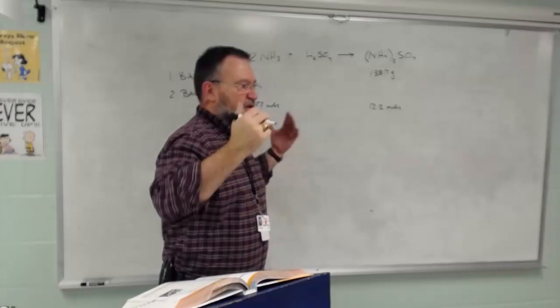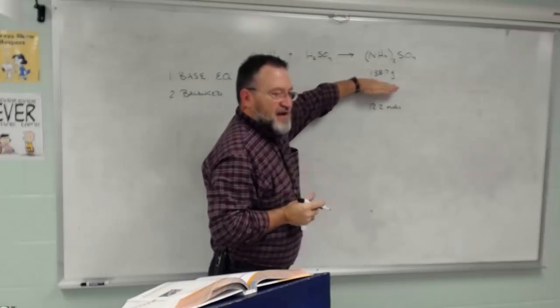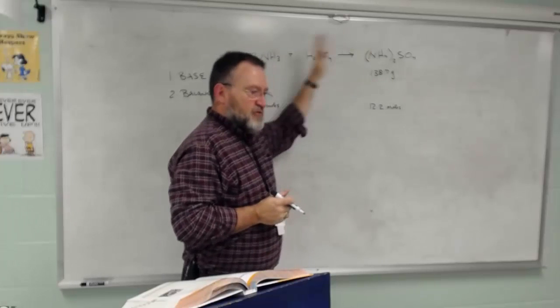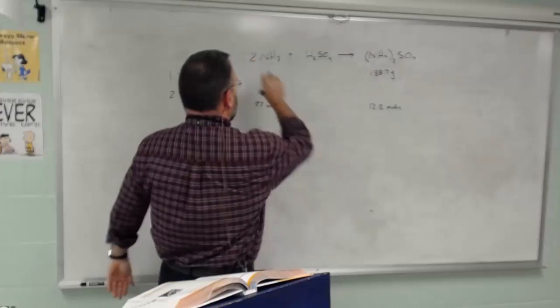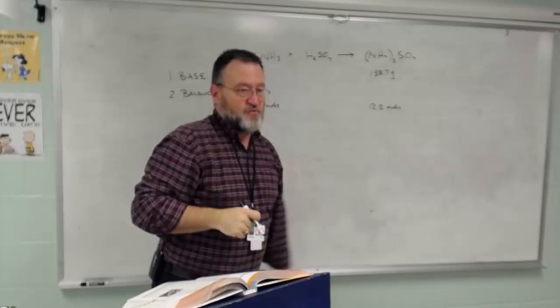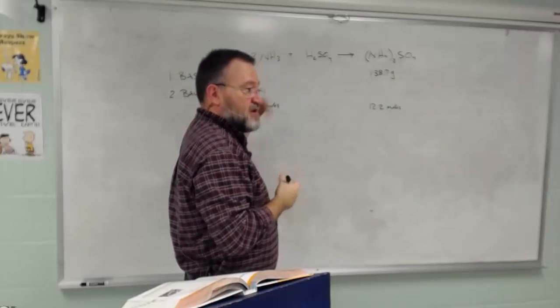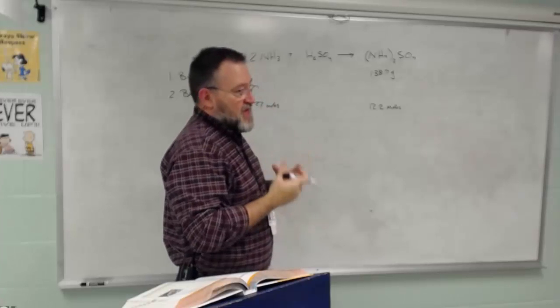Hypothetically. Well, if I were given grams, I can't use stoichiometry to relate grams to grams. Like I said before, 2 grams and 1 gram does not make 1 gram. The conservation of mass, right? It doesn't work that way. It only relates in count, not in mass.